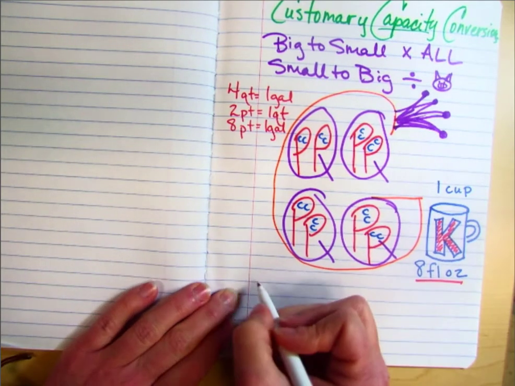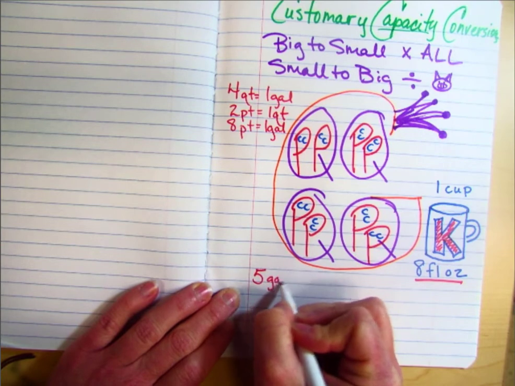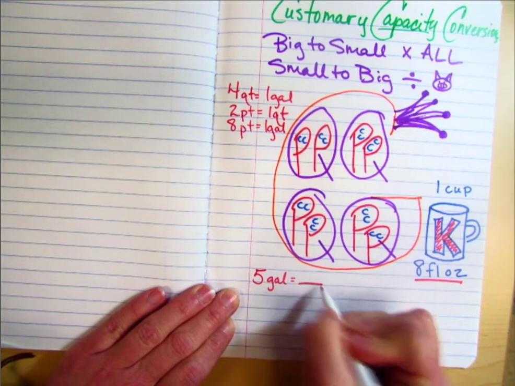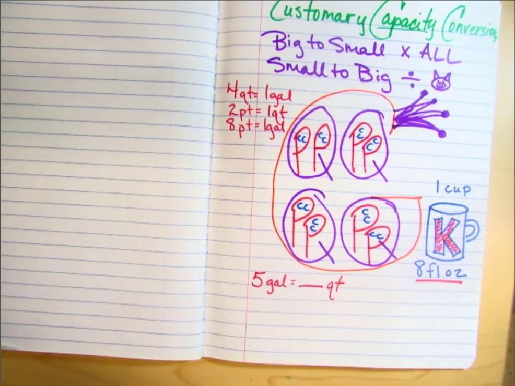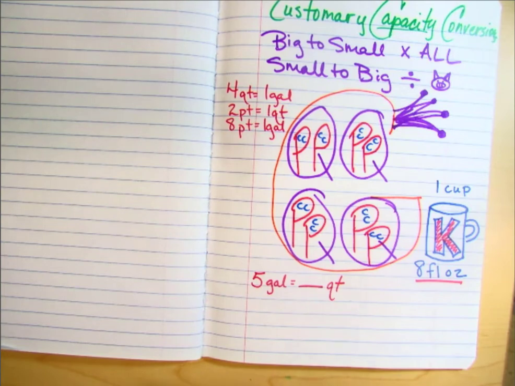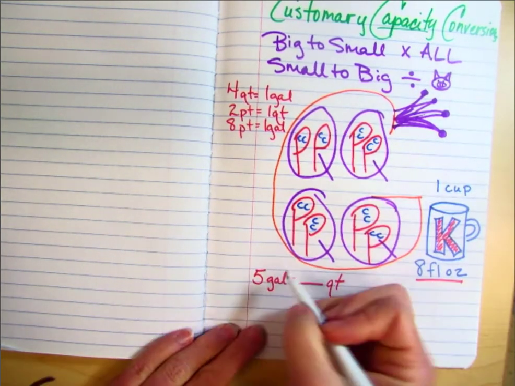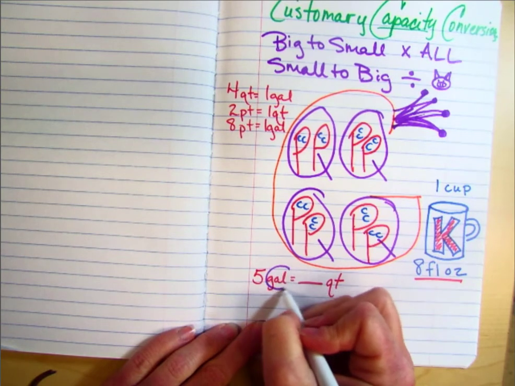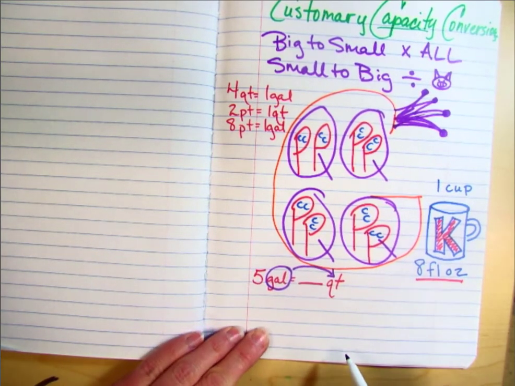So let's say I have 5 gallons, and I want to change them to quarts. I'm going to do what I did yesterday. I'm looking for my big. What's bigger, the king or the queen? Well, King Gallon's the big one, so I'm going to circle my big and ask myself, am I going big to small or small to big?